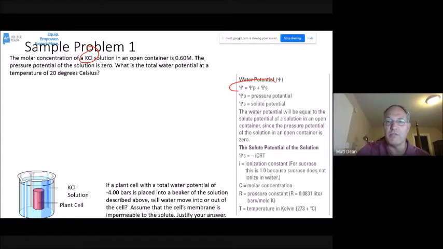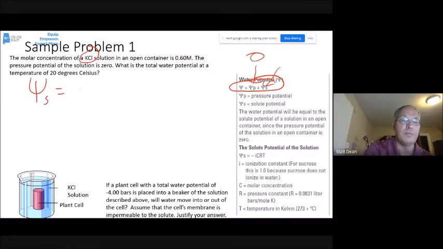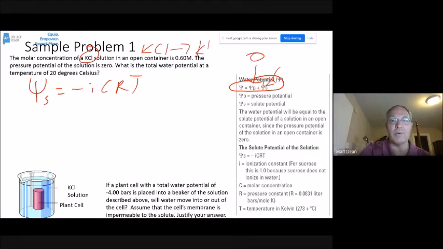This is our equation for total water potential. We've been told that this part of the equation, the pressure, is 0. So to get the total water potential, we've got to calculate this part, the solute potential. The solute potential is equal to negative I C R T. Let's first figure out the ionization constant, I. So let's take KCl, a salt. When it ionizes, it breaks up into its ions, which are those 2.